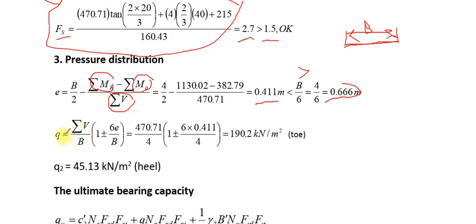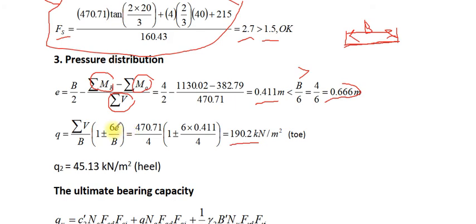Q, the pressure distribution, can now be calculated: summation of the vertical load over B, the width of the retaining wall, times 1 plus or minus the eccentricity term, gives us the pressure distribution under the retaining wall. If it is positive, it equals 190.